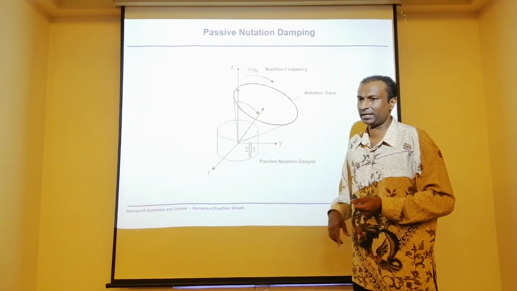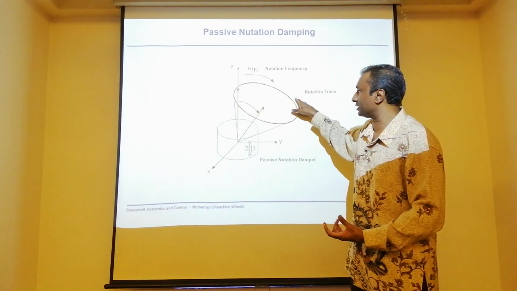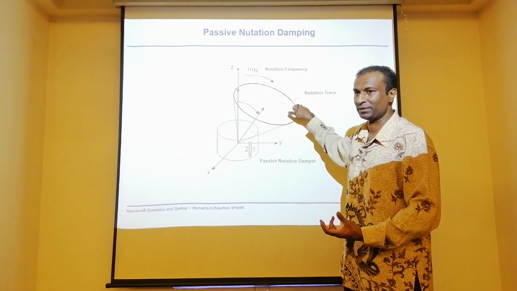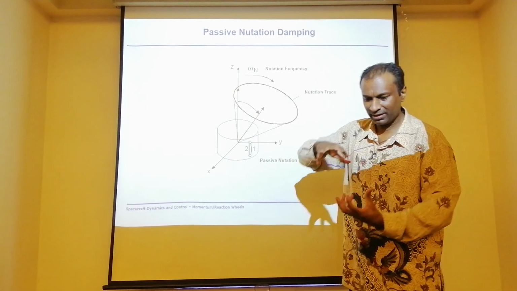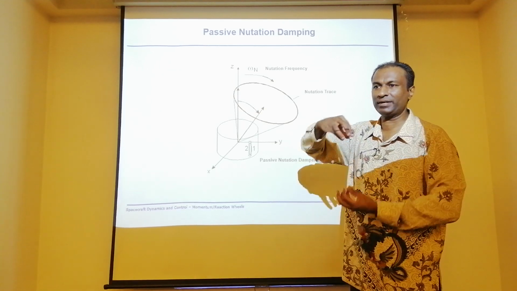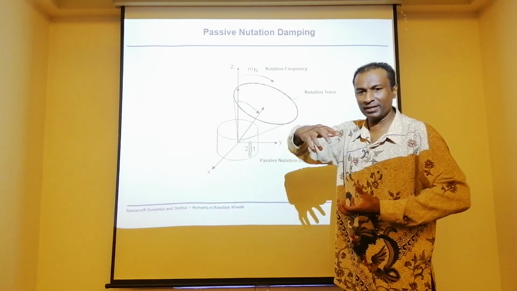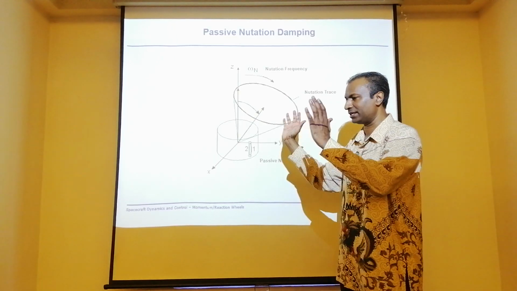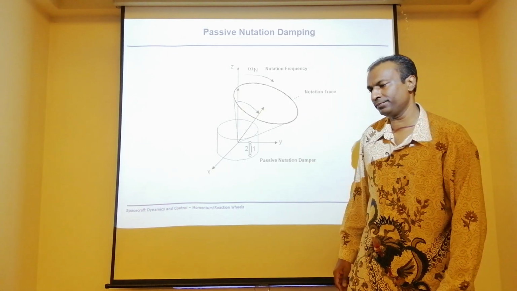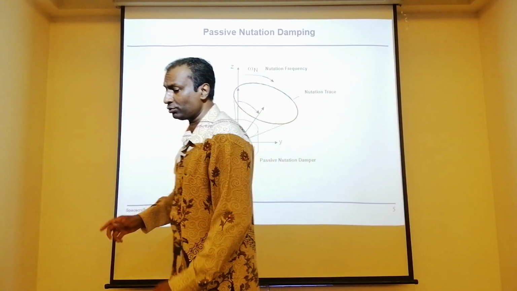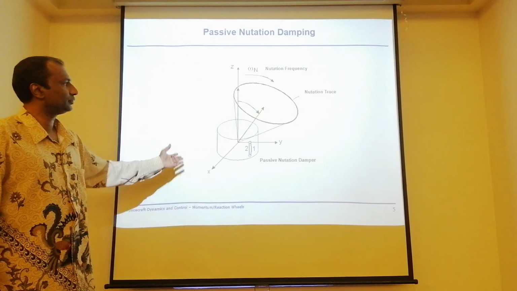This damper is basically a long rod. The energy from the satellite body is transferred to the damper when you rotate. It dampens it. That means the kinetic energy is transferred to it, so you reduce the nutation. When you reduce it, you can start doing the attitude control. If you have so much nutation, you can't do attitude control. You'll be haywire.